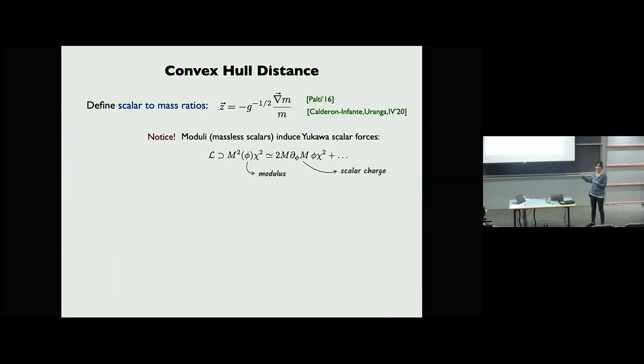So it's kind of the same ratio that you use for the weak gravity conjecture, but for comparing scalar forces and gravity. So the exponential rate of the tower, which is really one of the big questions of this conjecture that are useful for phenomenology, is just the projection of this scalar charge to mass ratio along the corresponding geodesic trajectory.